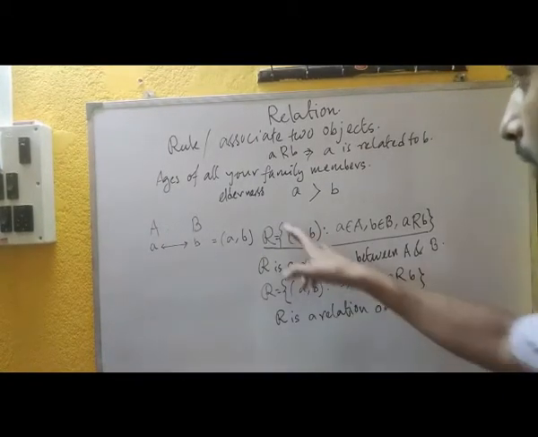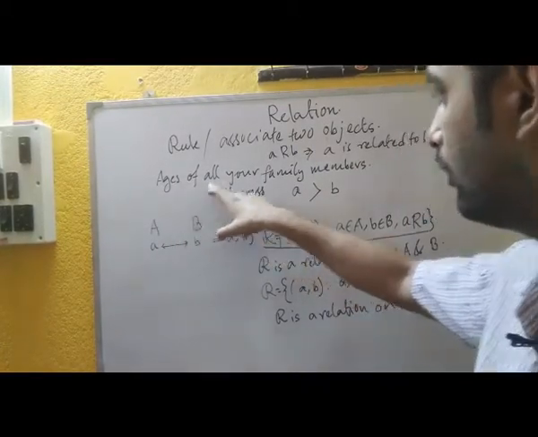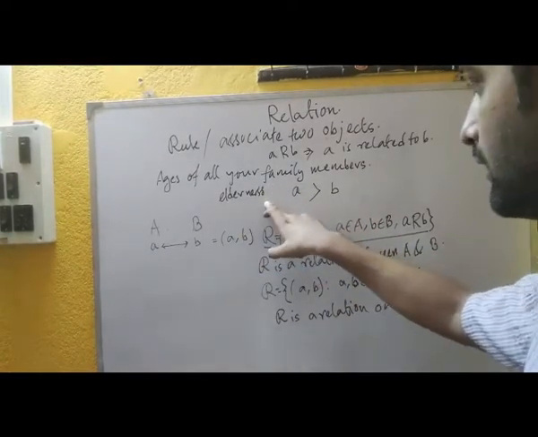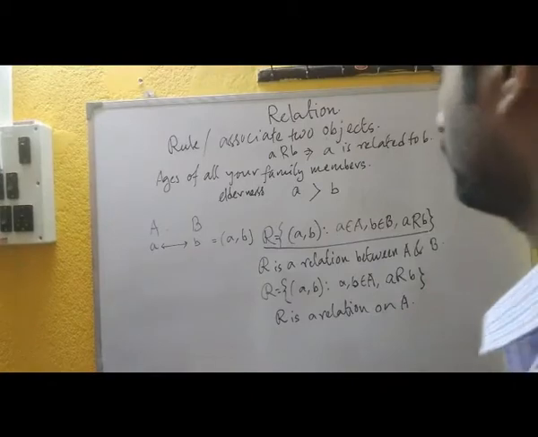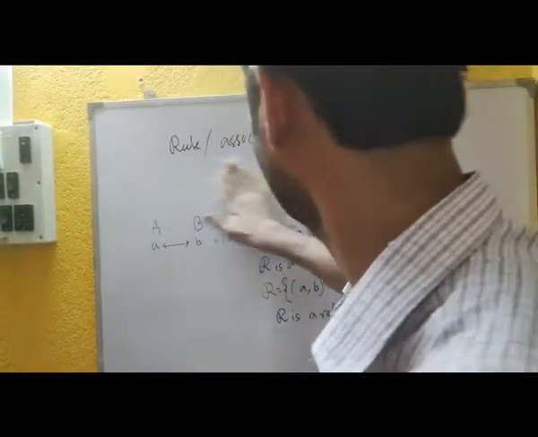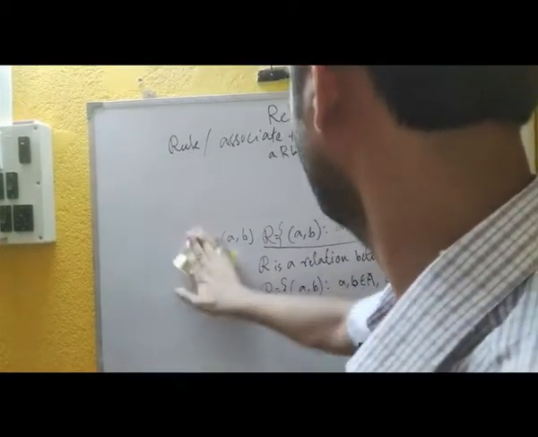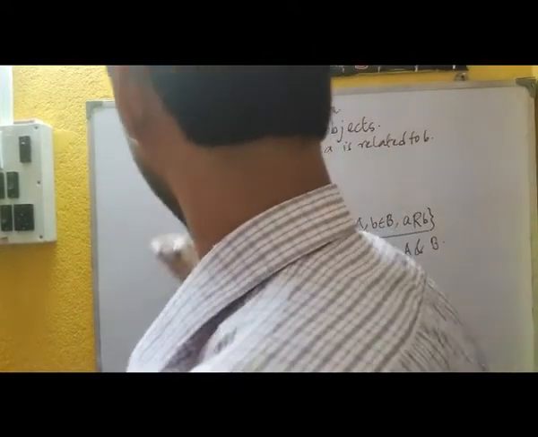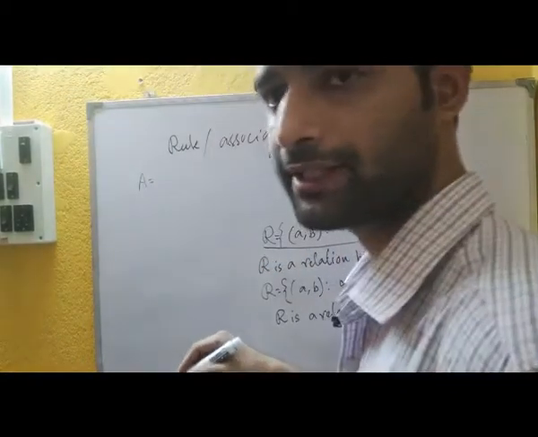So the example I was saying about, that we considered the ages of all your family members, and we impose the relation elderness in this collection. So suppose we are considering the set A that stands for ages.